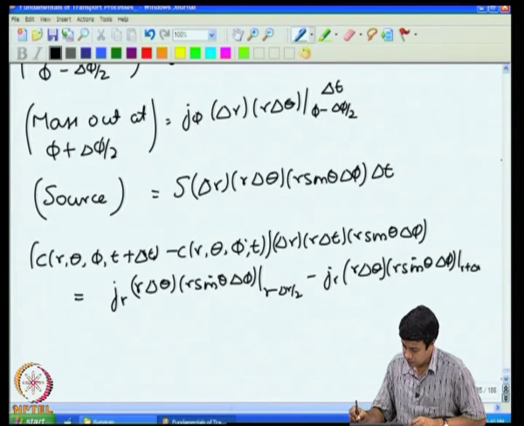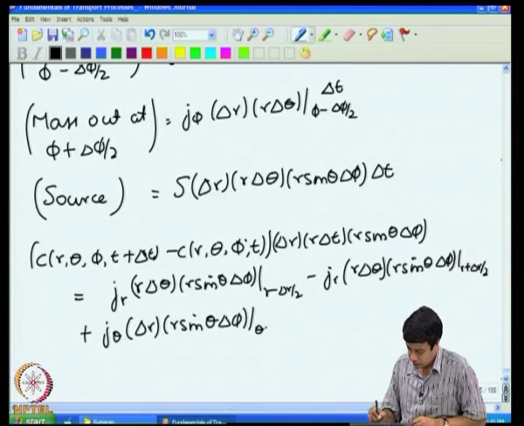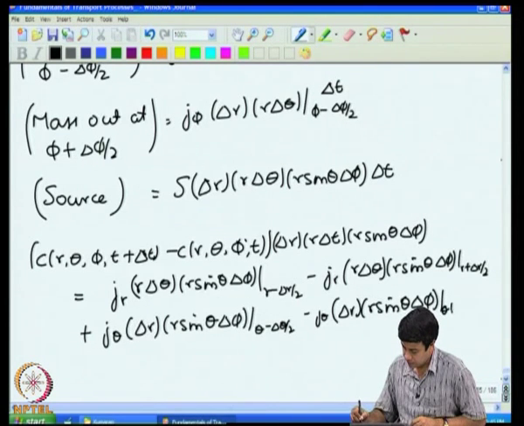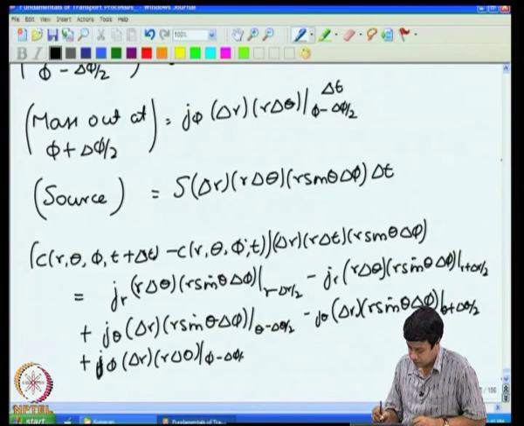at r plus delta r by 2, okay, plus J theta into delta r sin theta delta phi at theta minus delta theta by 2, minus J theta into delta r into r sin theta delta phi at theta plus delta theta by 2, plus J phi into delta r into r delta theta at phi minus delta phi by 2.